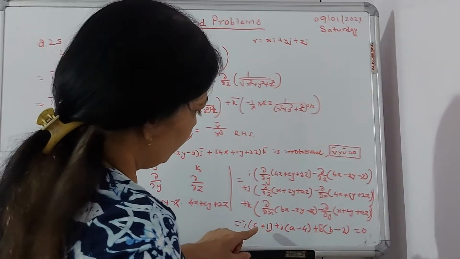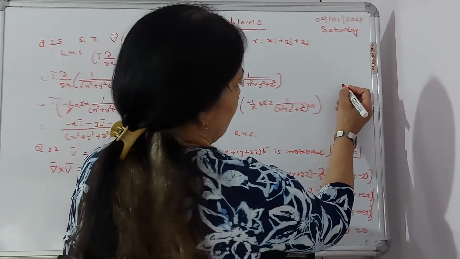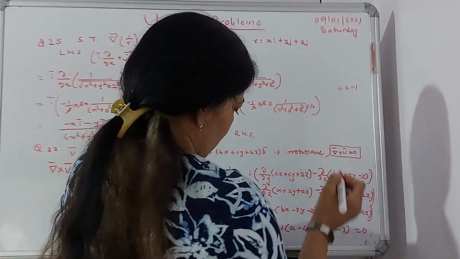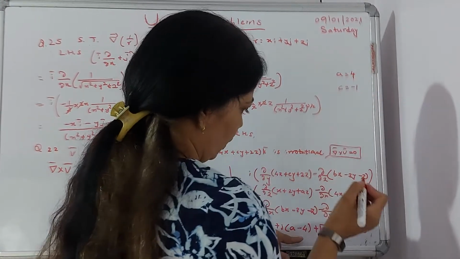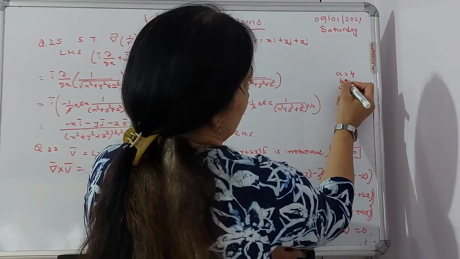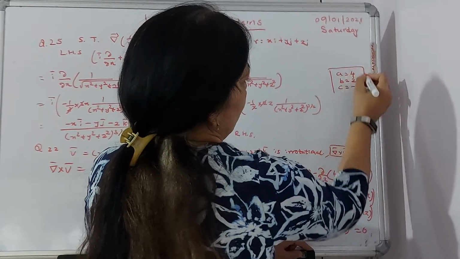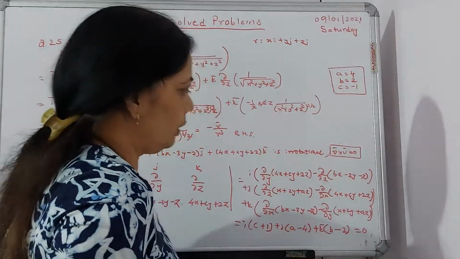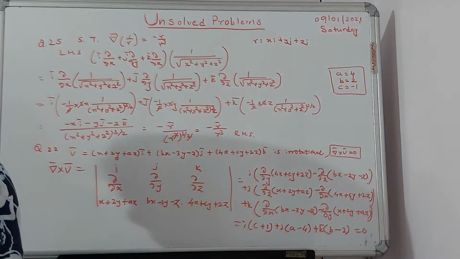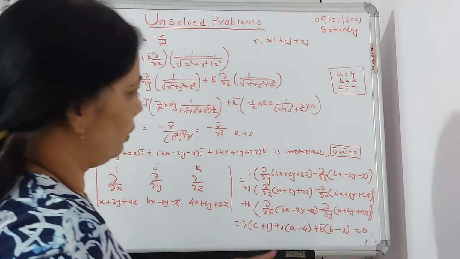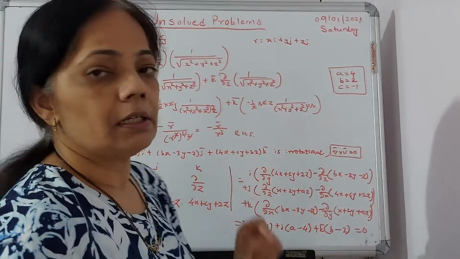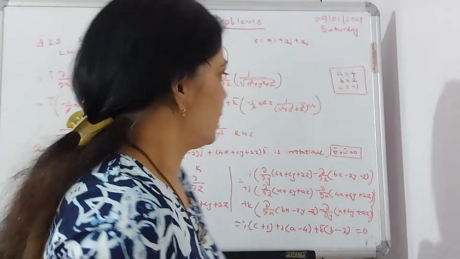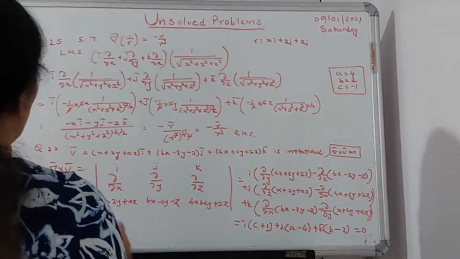This means what? c has to be minus 1, a has to be 4, and b has to be 2. Then only we can say 4, 2, minus 1. Then only we can say that the given vector V is irrotational.